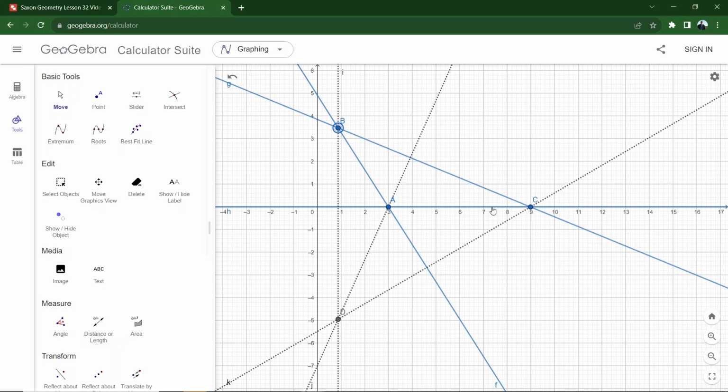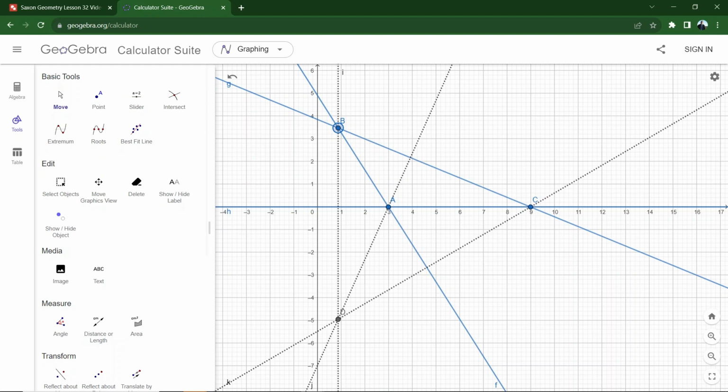Also notice that the altitudes for two of my angles are going to intersect the line containing the opposite side outside of the triangle, and then there's always going to be one that doesn't. Remember, this is the obtuse angle. Its altitude is going to intersect its opposite side on the leg of the triangle.